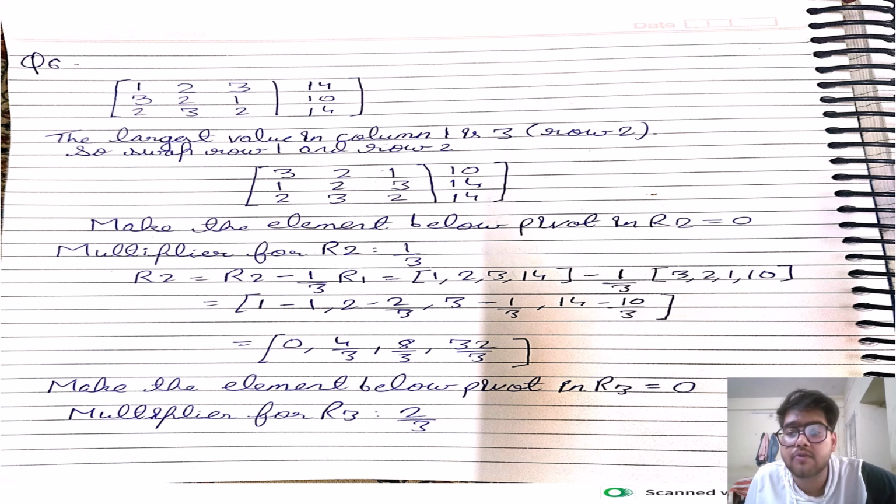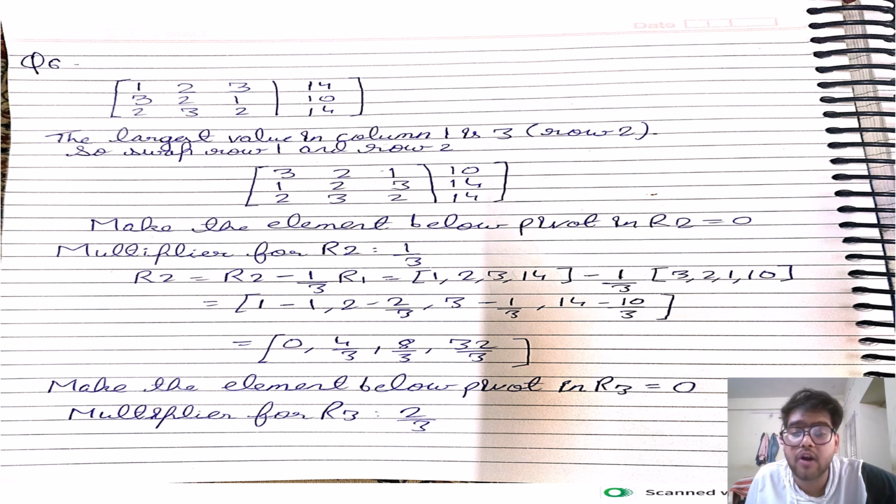So first we will write the content of the equations in a matrix, and the largest value in column 1 is 3, so swap row 1 and row 2. So the row 1 and row 2 are swapped, so the new matrix is this one. Make the element below pivot in R2 equal to 0.